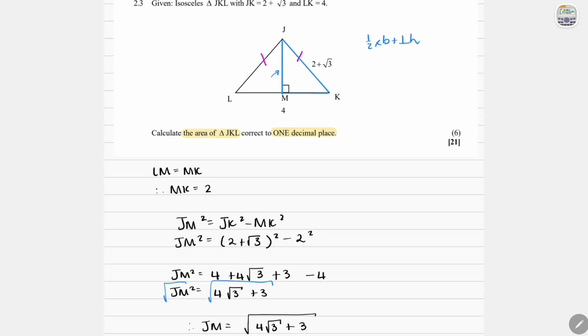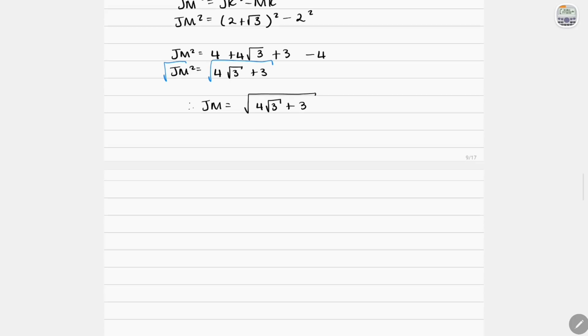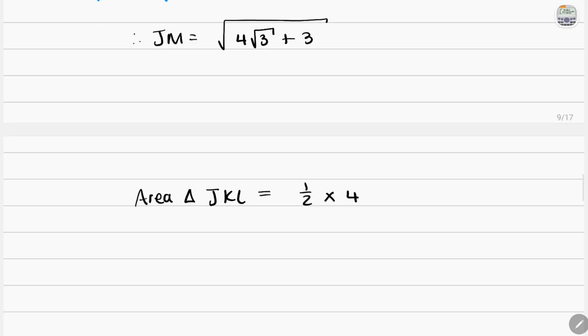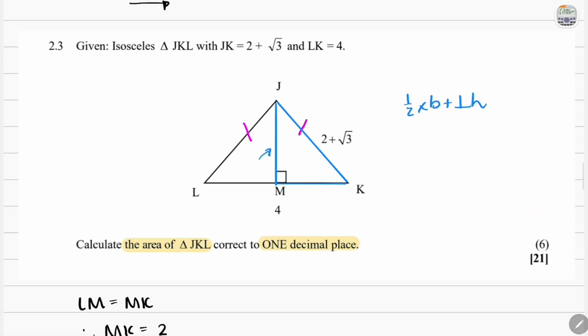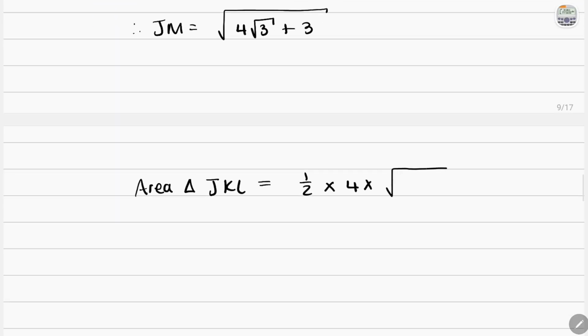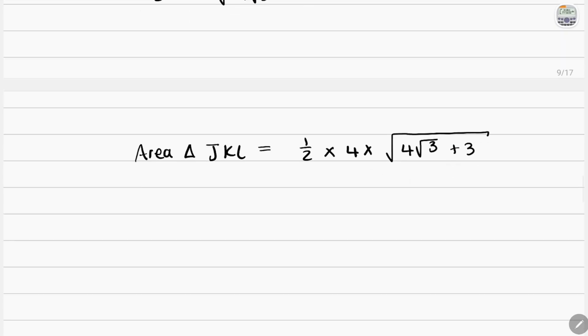And now to find the area of triangle JKL, we would say a half multiplied by the base. The base is the entire base of this triangle, which is 4 units, multiplied by the perpendicular height, which we just found. So multiply by the square root of 4 root 3 plus 3. I guess that's the only challenge there, multiplying those.